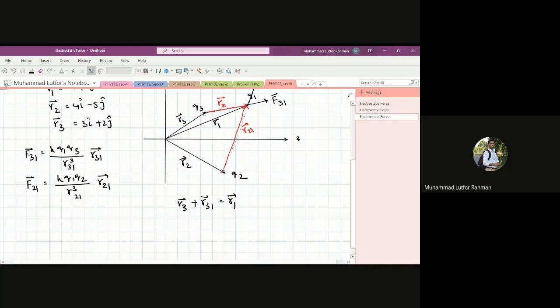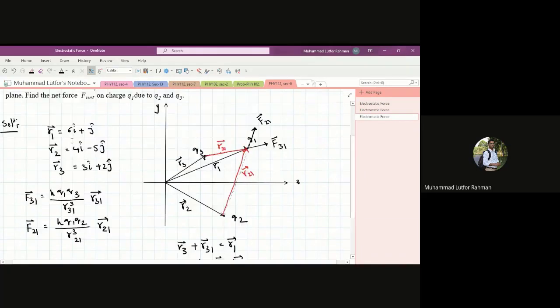The head of the vector R3 and the tail of the vector R31 are connected, then the resultant would be this R1. Then I can find this R31: R31 would be R1 minus R3, right? I know R1 and R3.